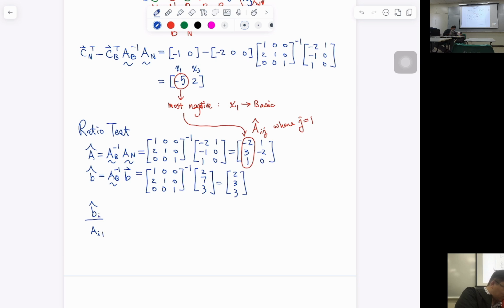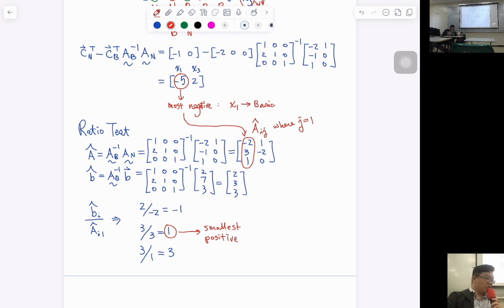Now is 1. So basically 2, 3, 3 divided by negative 2, 3, and 1. This is negative 1, this is 1, this is 3. And pick this one. This is the smallest positive.